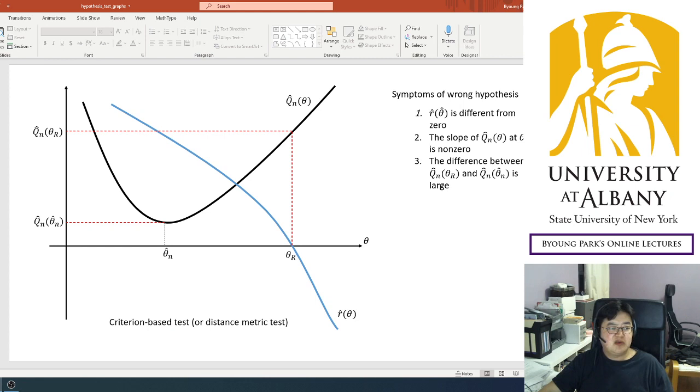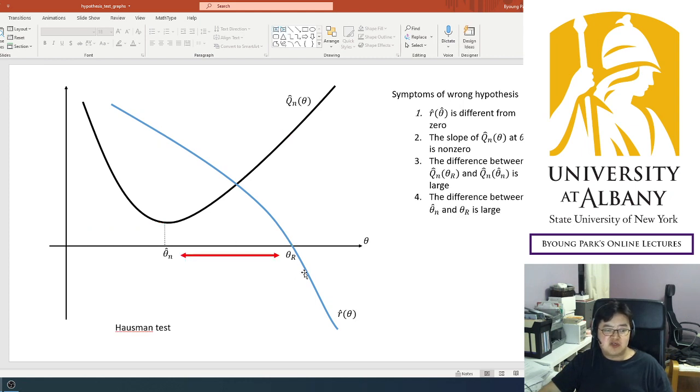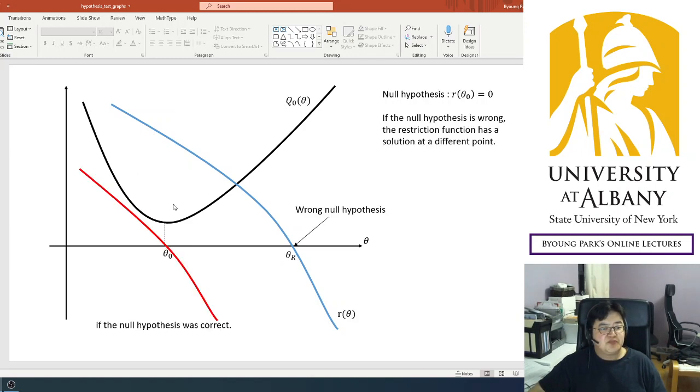And finally, you can simply measure the distance between this point and this point with the Hausman test. As you can see, the idea is to see the distance between the minimum of the criterion function and the point that satisfies the restriction.